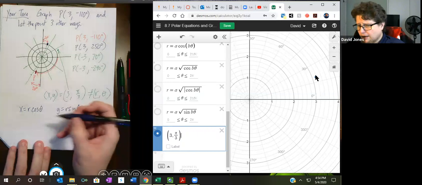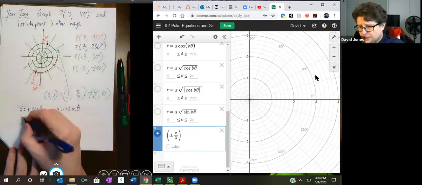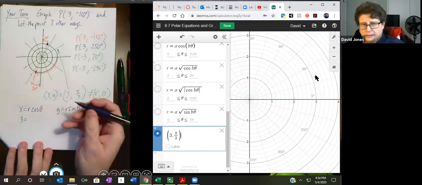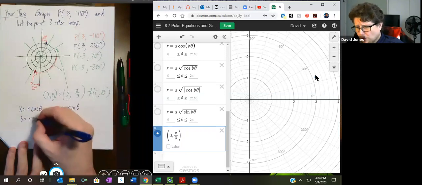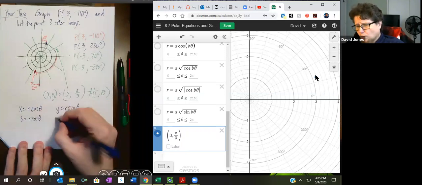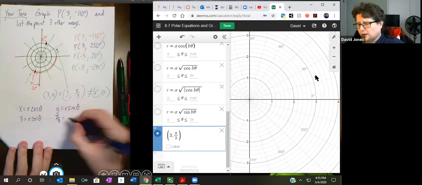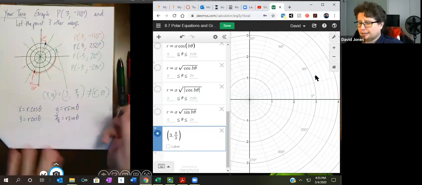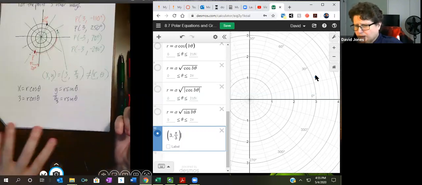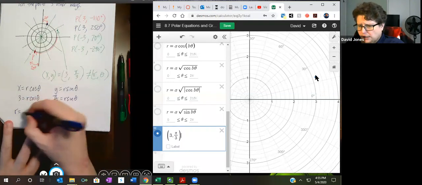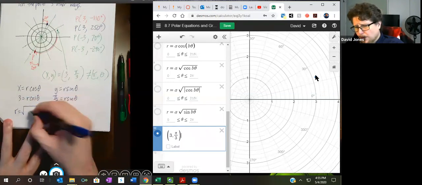This is saying, okay, x is 3. What is r cosine theta? Y is pi over 3. What's r sine theta? So we would have to find r doing x squared plus y squared.